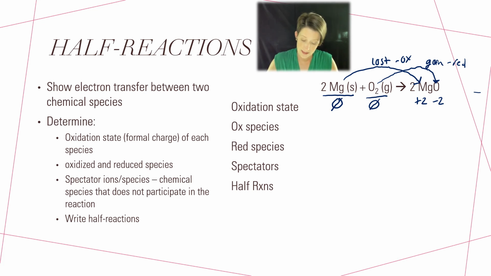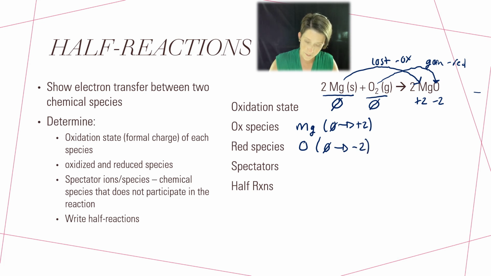Looking at what these species are. Our oxidized species, magnesium. It's going from a neutral to a +2. This means it loses 2 electrons per magnesium within this reaction. Oxygen goes from 0 to -2.